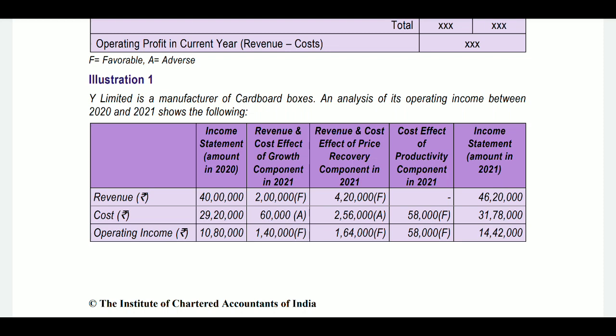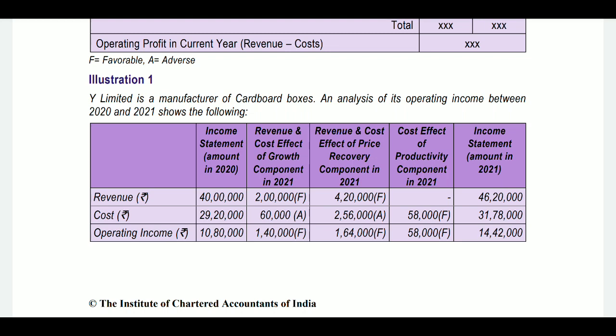What they provided: income statement for current year, revenue and cost statement for current year, and income statement for previous year, and the remaining was all provided as current year information. And they provided favorable or adverse. If it is favorable, we will add back, and if it is adverse, we will deduct.